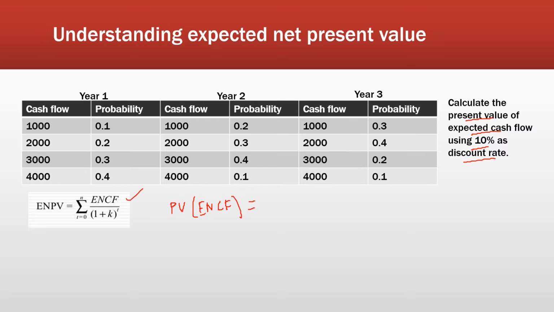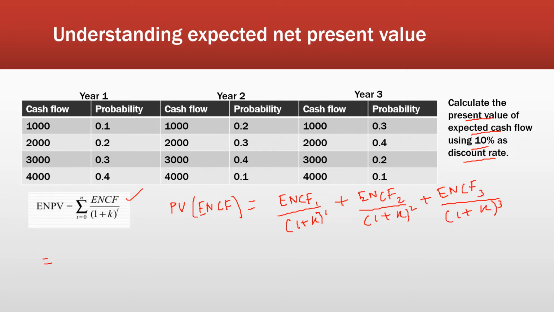We will apply the formula: ENCF by 1 plus K to the power 1, plus ENCF, and so on. This is the formula for 3 years, so there are 3 terms here: the first term, second term, and third term.